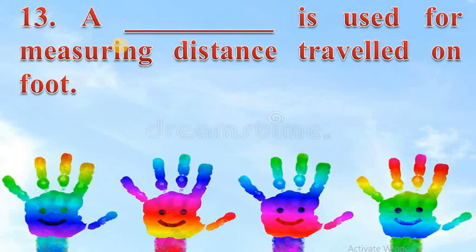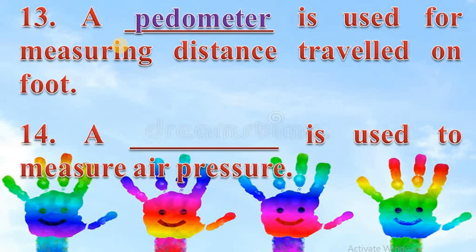Number 13, a blank is used for measuring distance travelled on foot. Answer is pedometer. Number 14, a blank is used to measure air pressure. Answer is barometer.